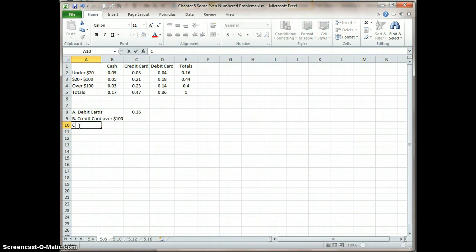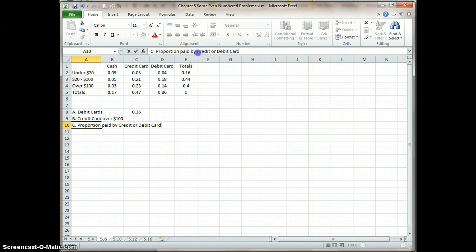And C will be proportion paid by credit or debit card.